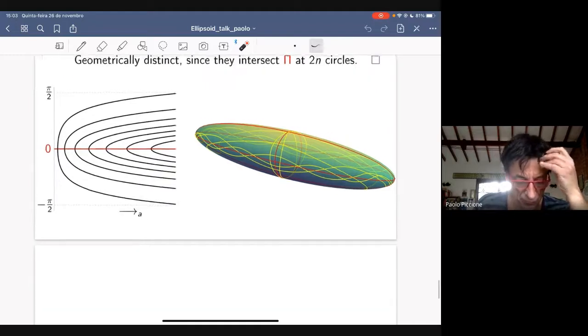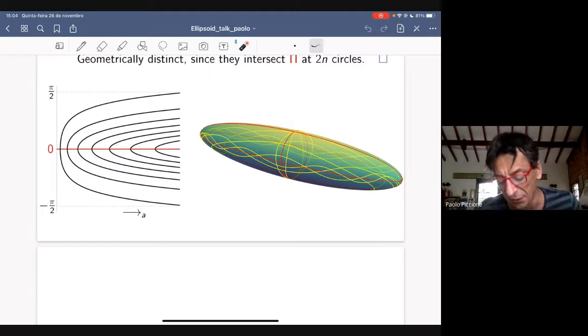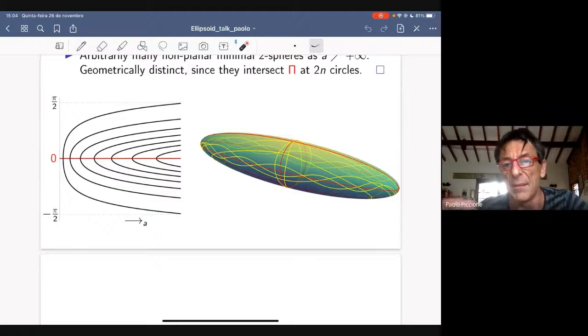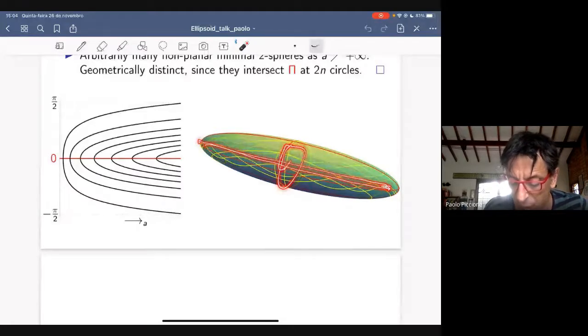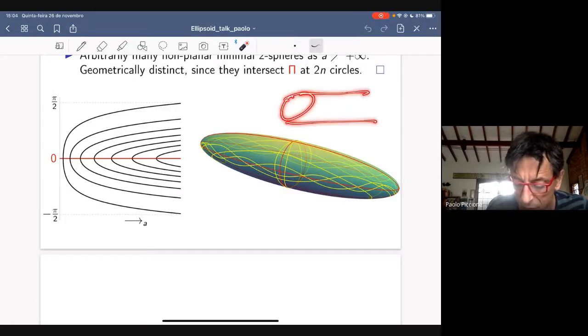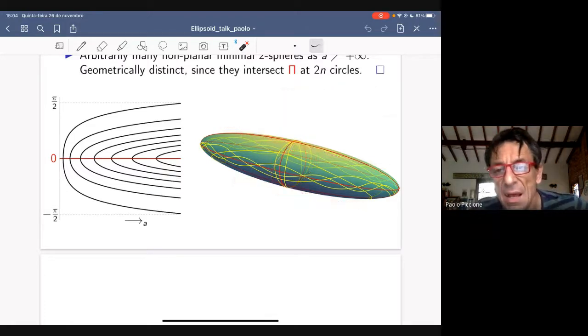And also we managed some kind of description of what is the limit of these bifurcating branches at the end, because as you can imagine, when the value of this half-axis goes to infinity, then this ellipsoid tends to a cylinder, to the product of an S2 times R, okay? And so these minimal two spheres have to go to minimal objects also in the cylinder, okay?